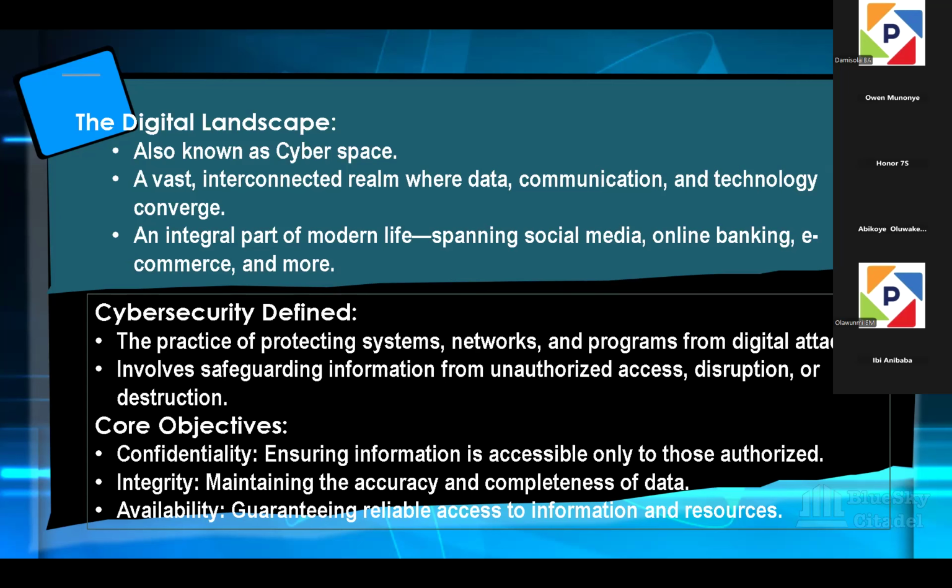That means that the information contained in all these places is not accurate, it's corrupt. Then availability means that information has to be accessible as and when needed. And this is very important in places like hospitals.